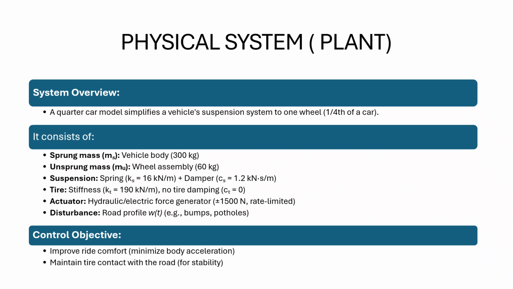The suspension includes a spring with a stiffness of 16 kilonewtons per meter and a damper with 1.2 kilonewton-seconds per meter. Our control objective was to improve ride comfort, which minimizes body acceleration, and also maintain tire contact with the road for stability.